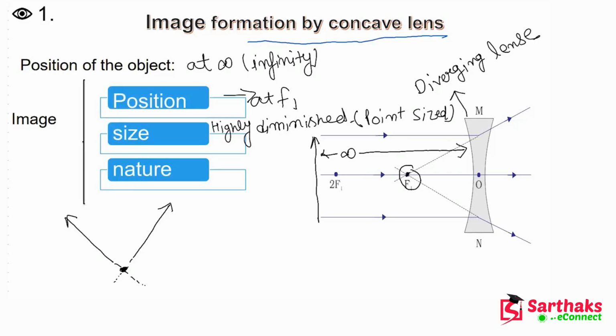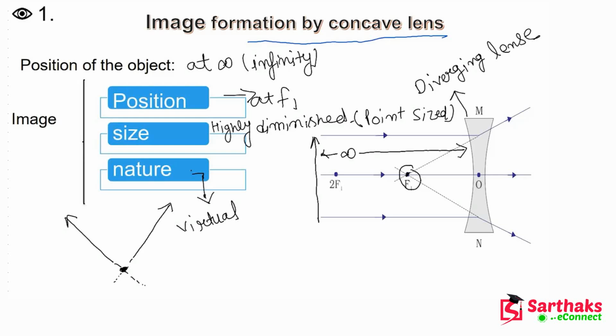Now let's talk about the nature of the image. To understand the nature of the image, I do not need to explain the same thing again and again, because I told you many times that these types of images where rays are not actually meeting are known as virtual images.